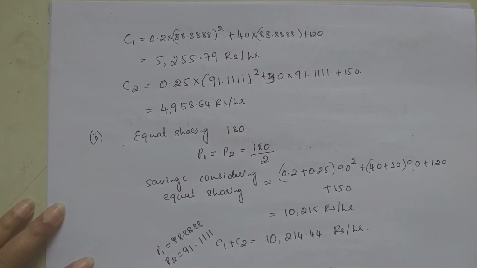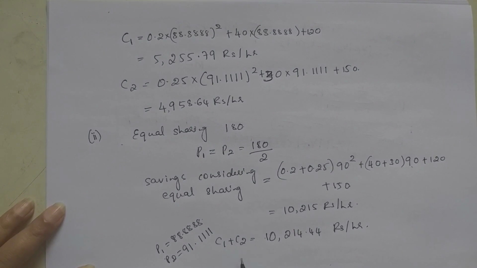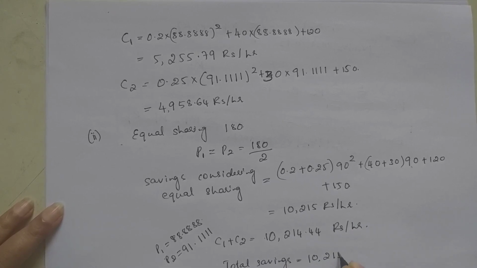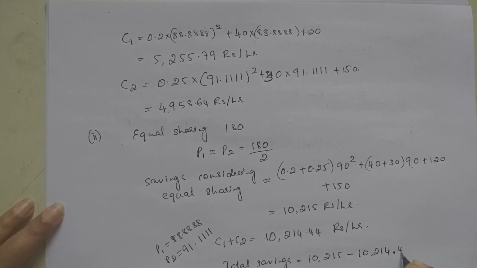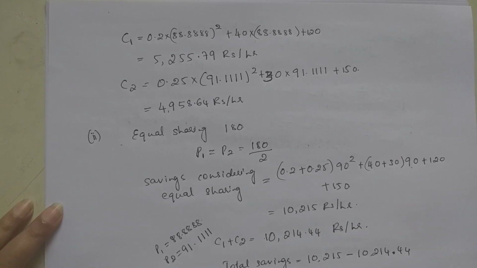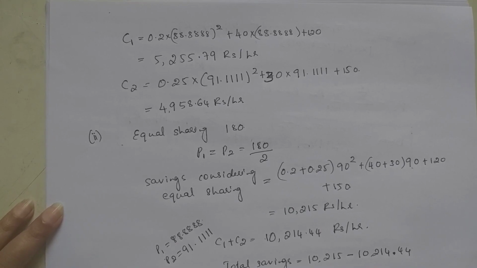So the total savings is equal to 10,215 minus 10,214.44, which is almost equal to 0.56 rupees per hour. This is the total savings we get.